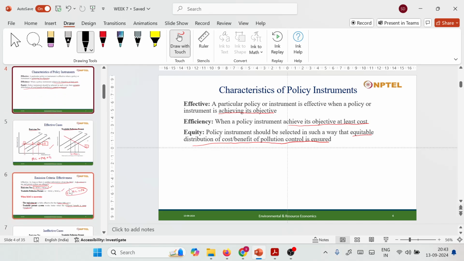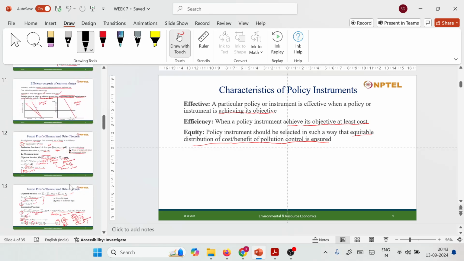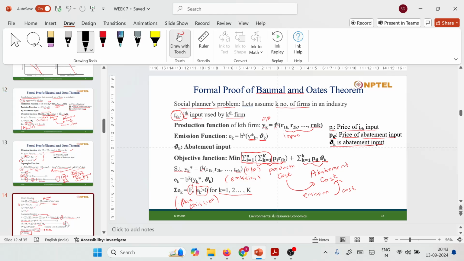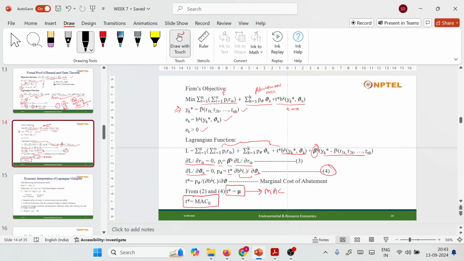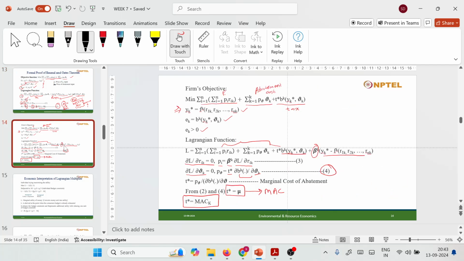From here, we have also derived the value T equals MSC, right? The optimum level of tax amount is equal to marginal abatement cost. So we equated the firm's objective with the planner's objective. From here, we get the value of T, which equals the marginal abatement cost of firm K.